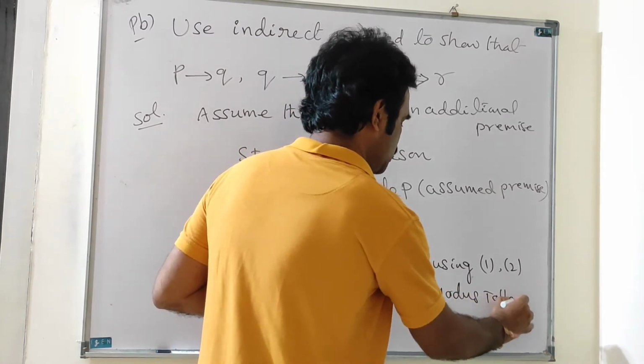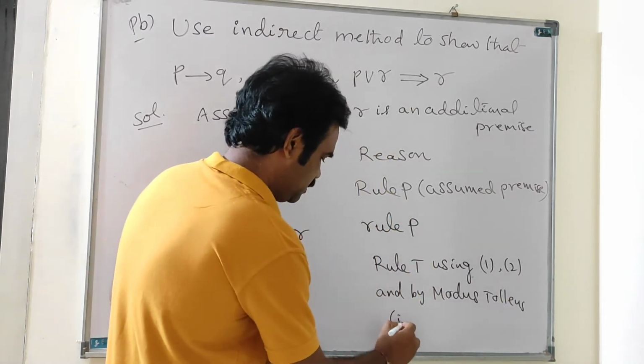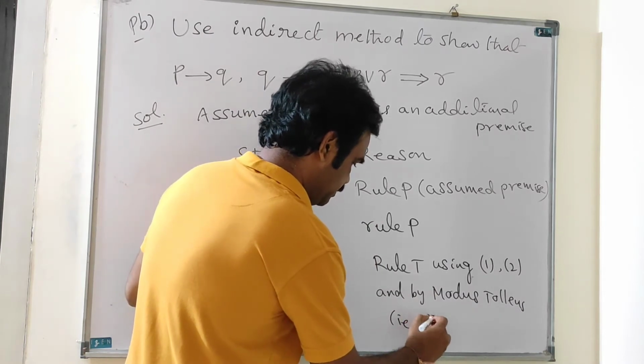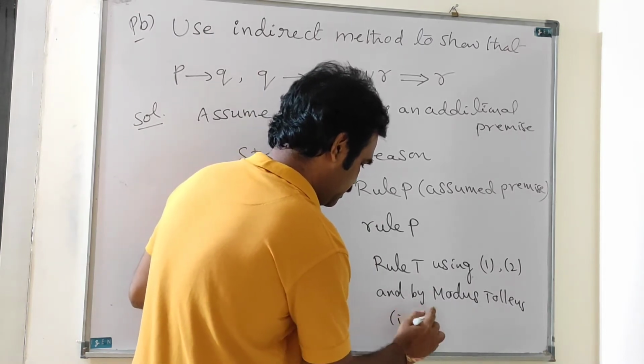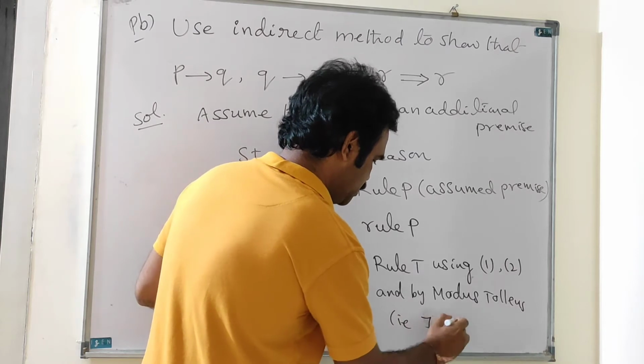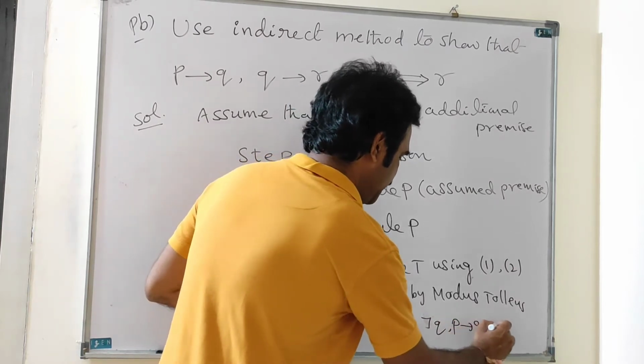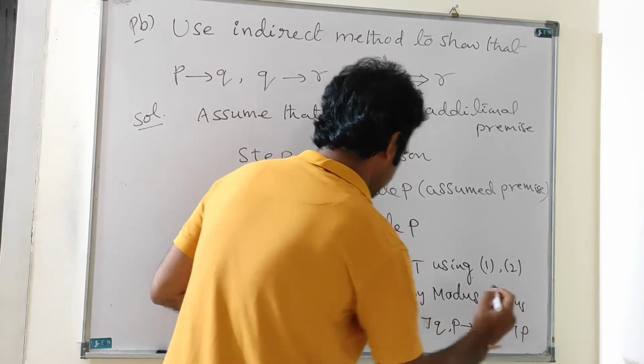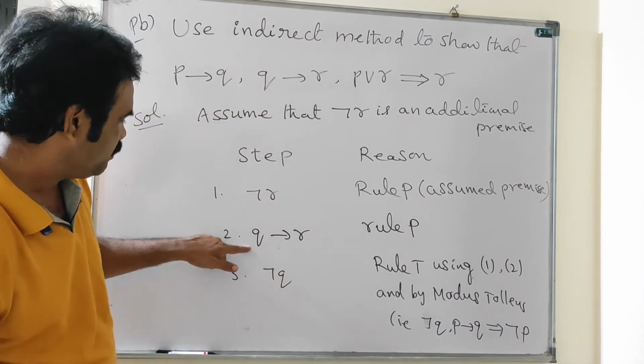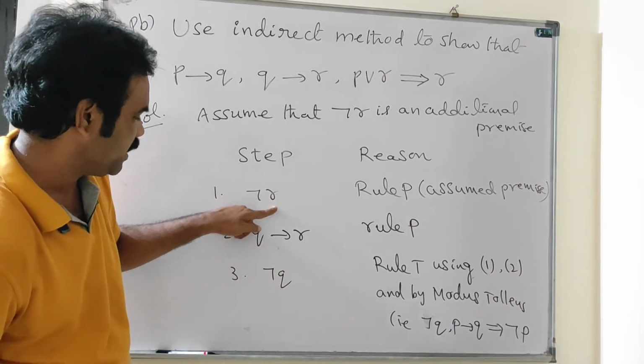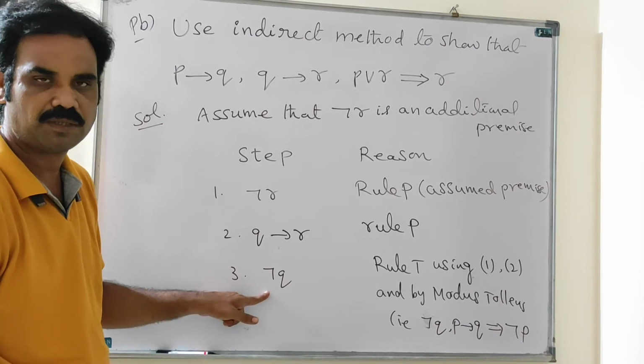So what is the modus tollens rule? That is negation Q, P implies Q, imply negation P. See this: Q implies R, negation R, imply negation Q. This is the modus tollens rule.